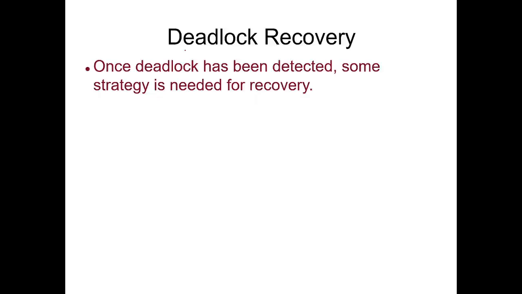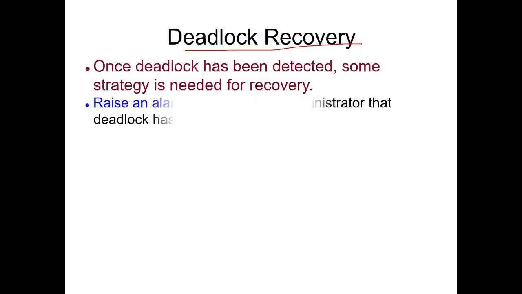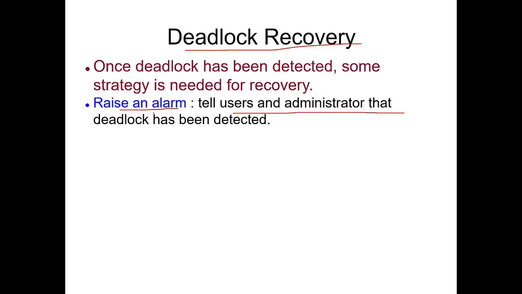Deadlock recovery. Now after detecting that a deadlock is going to occur or has occurred, the operating system has to take some steps to recover from this deadlock. So the first way is to raise an alarm. Tell users and administrators that deadlock has been detected.